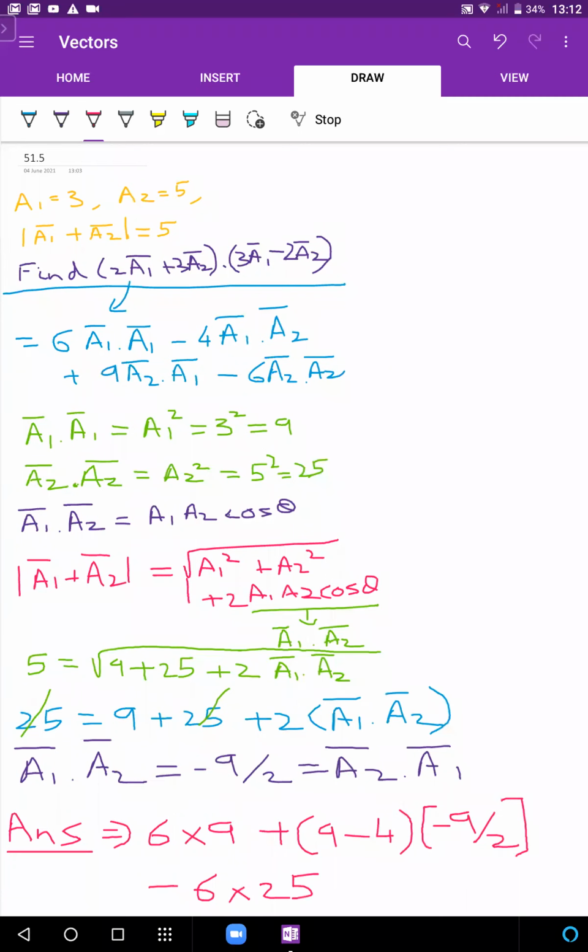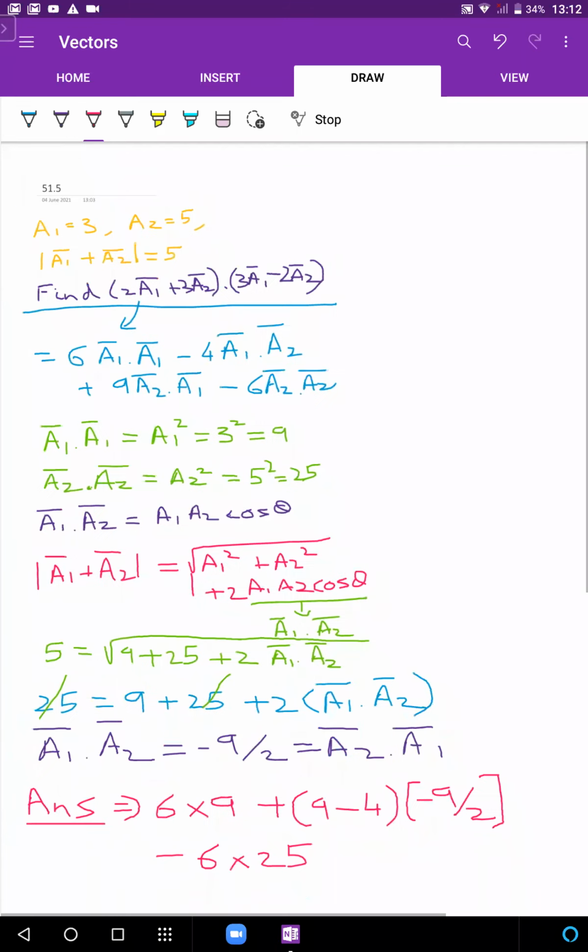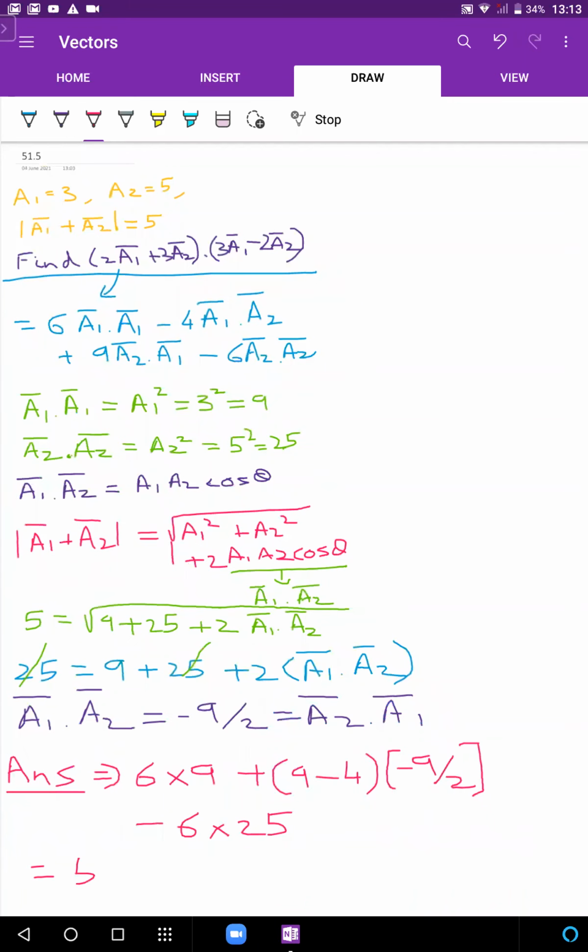Actually, you don't need a calculator for this. Proper values, so you have 54 plus, what's going on, 5 into 4.5, 22.5. And you have minus 6 into 25, minus 150.